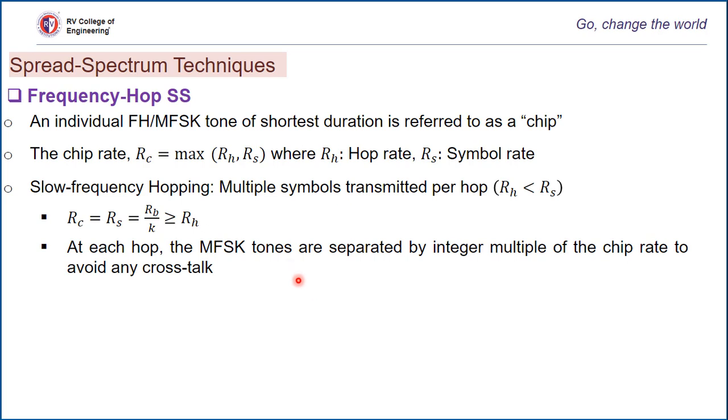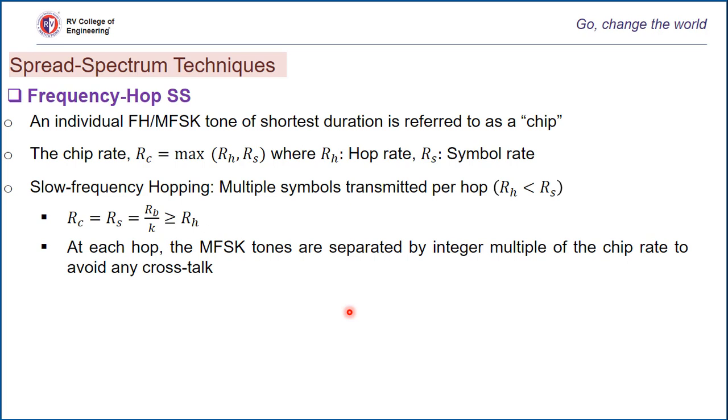The implication of this condition is that any transmitted symbol will not produce any crosstalk with the other M-1 non-coherent matched filters constituting the MFSK detector of the receiver. By crosstalk, we mean a spillover from one filter output to an adjacent one.